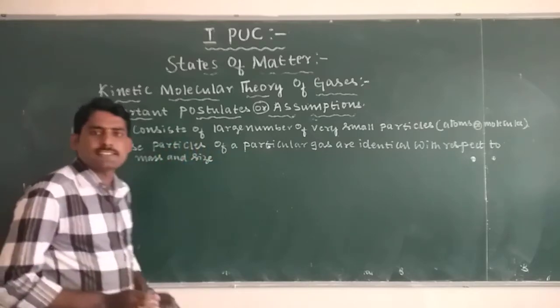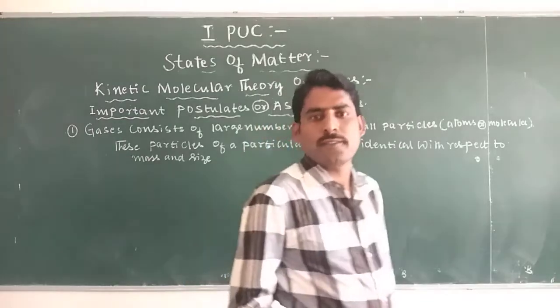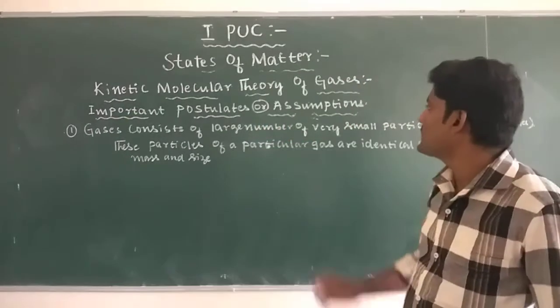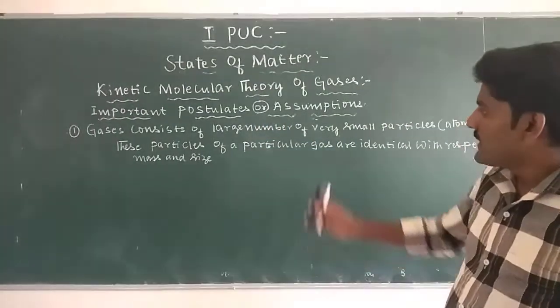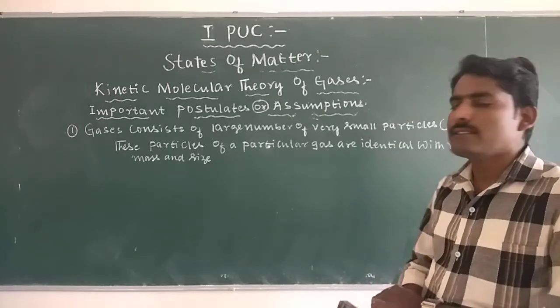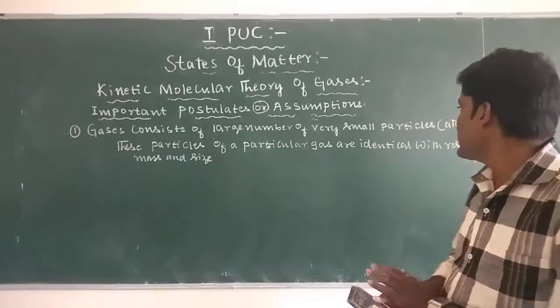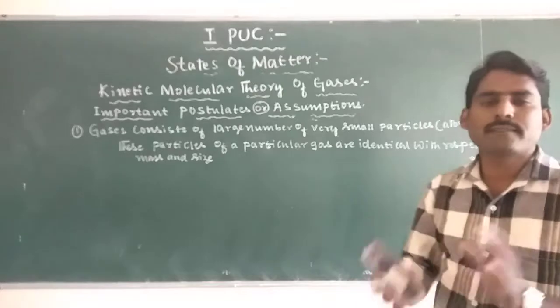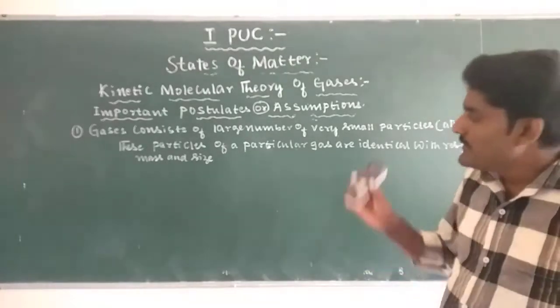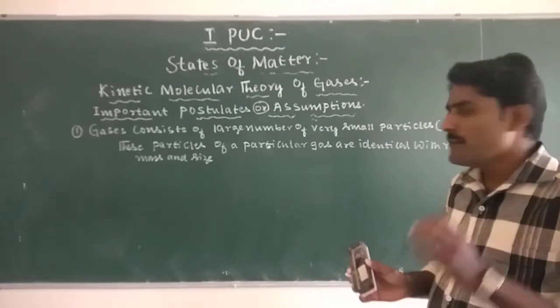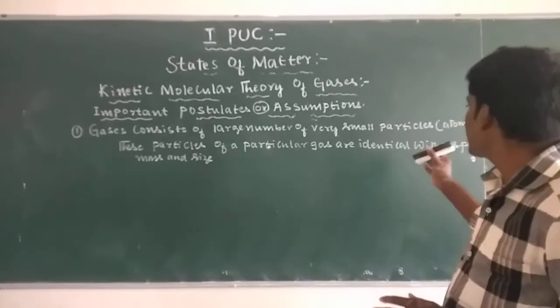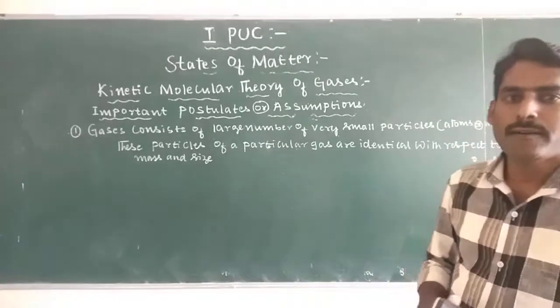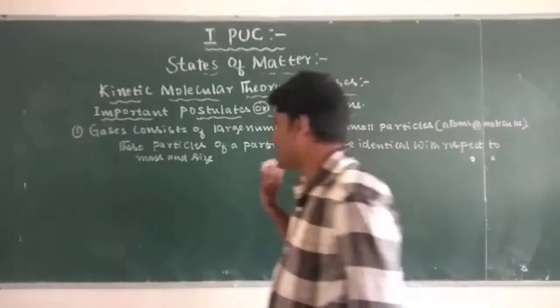So the first important postulate of the kinetic molecular theory of gas is: gases consist of a large number of very small particles called atoms and molecules. These particles of a particular gas are identical with respect to the mass and size.